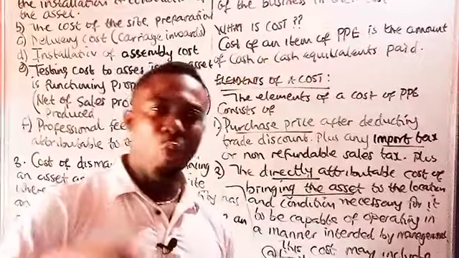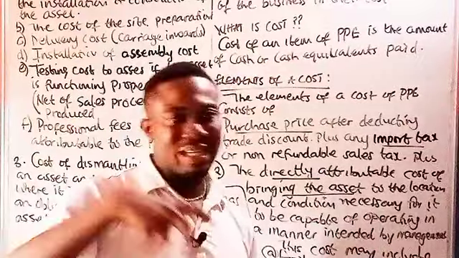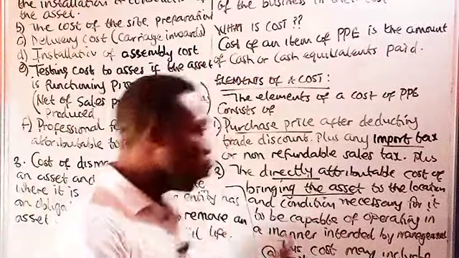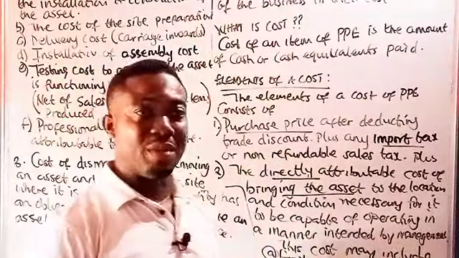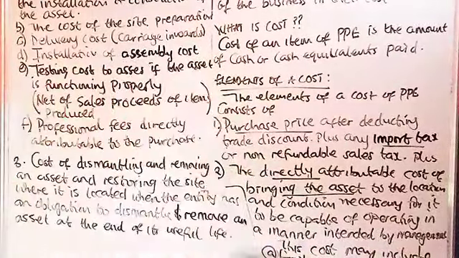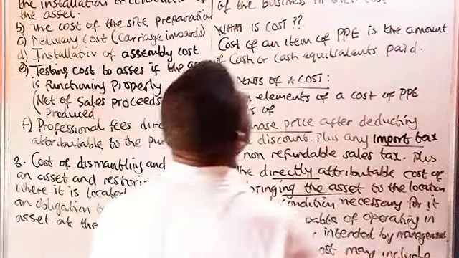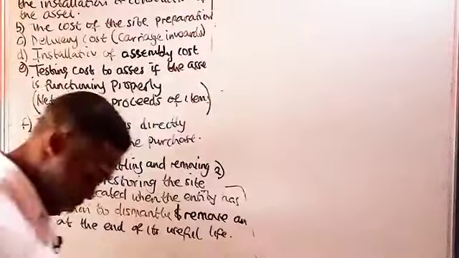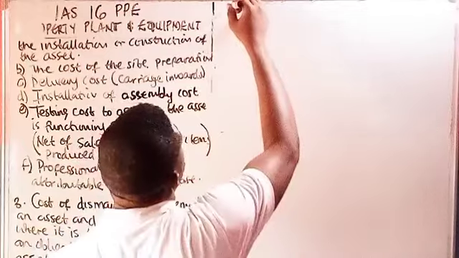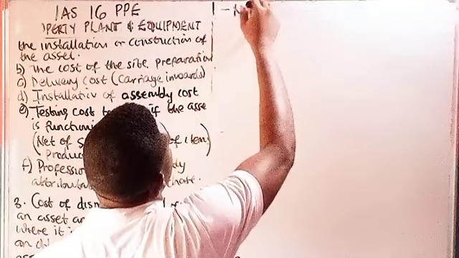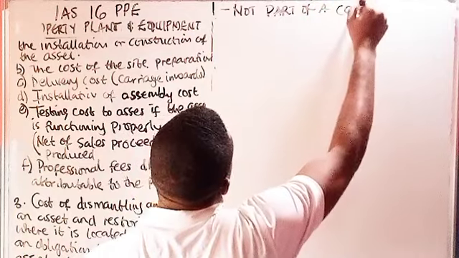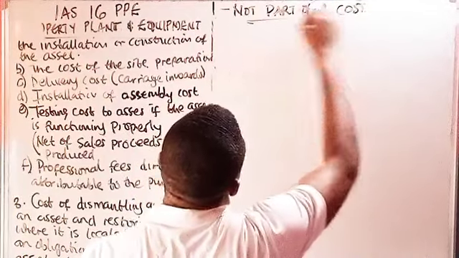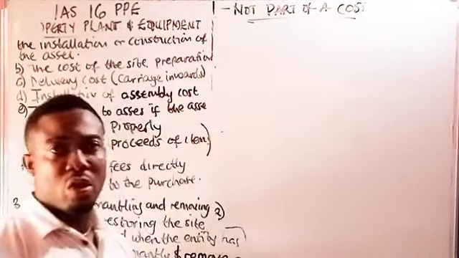Now let's see what cannot be included as a cost. Okay, now we have seen what should be included as a cost of an item of PPE. Now let's see what cannot be included as a cost. What is not part of a cost.